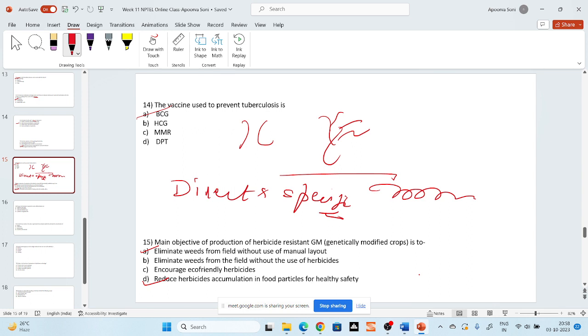Now that is a very generalized statement, to say whether it can affect us or not. It depends on the kind of herbicide that we are using, and on its mechanism of action, what it is causing.